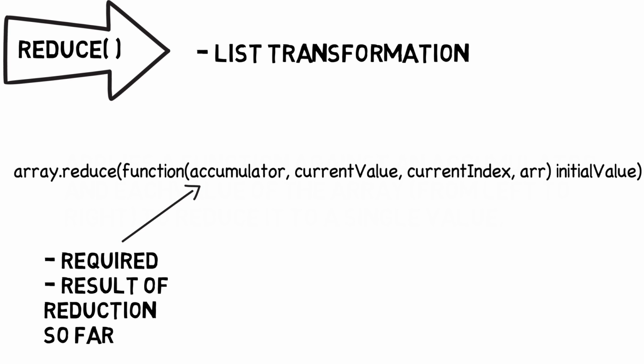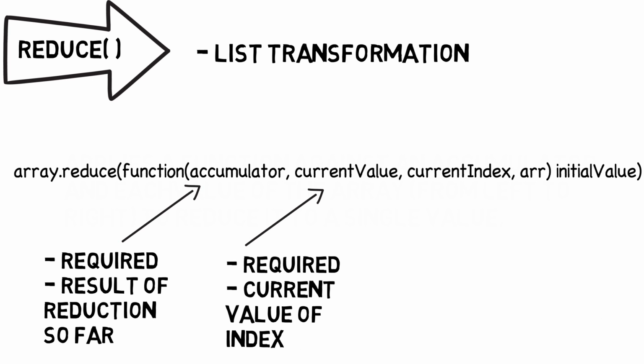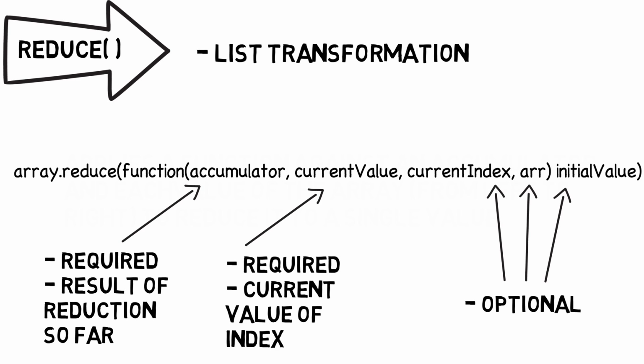If there is an initial value, this will be in the accumulator where we start, also known as the previous value. This is the cumulative value returned through each callback. This is required. Next, we have the current value. This is also required. This is the current value of the element. Next, we have the array index of the current element, followed by the array object the current element belongs to.